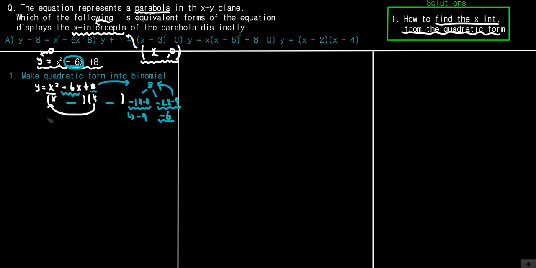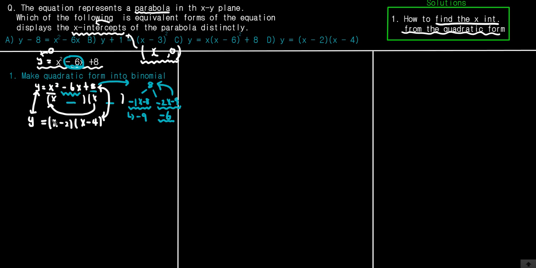I'm going to write it in a different form: y is equal to x minus 2 times x minus 4. All we did is keep the y value the same, but we converted this quadratic form into a binomial.